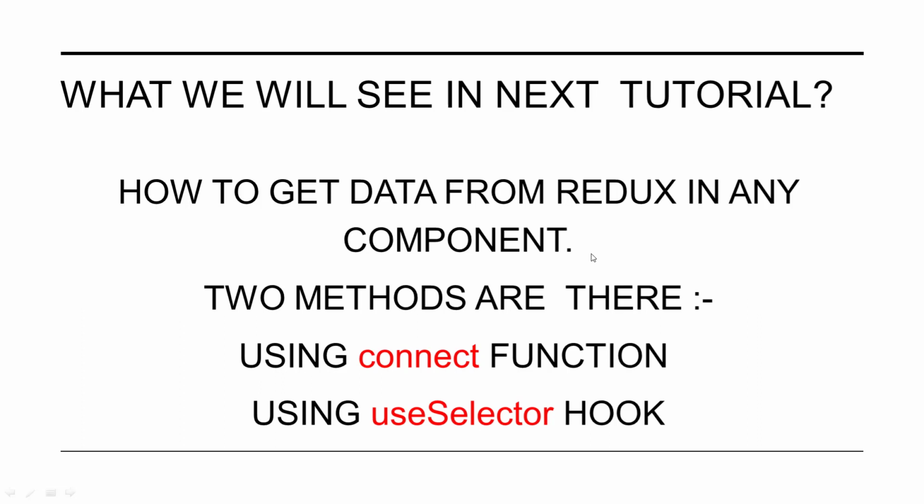As we have mentioned only one reducer, it means it has only one state. There are two methods here, and we are going to see both. First is using the connect function, which is the standard method, and then using a hook, the useSelector hook, to get our data.